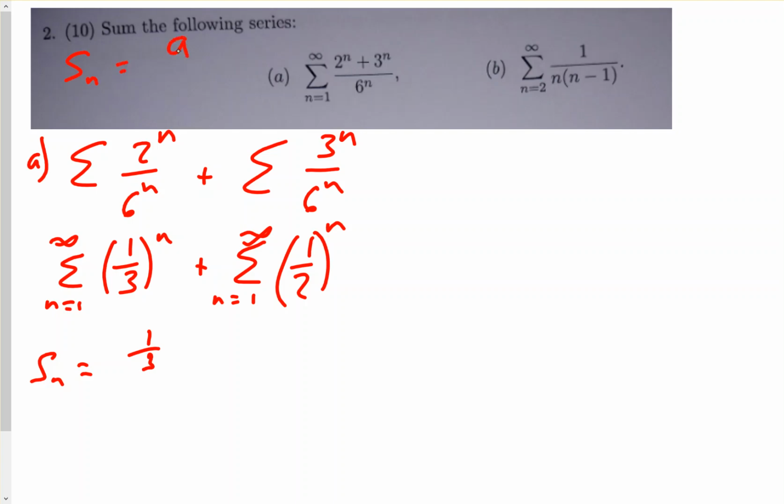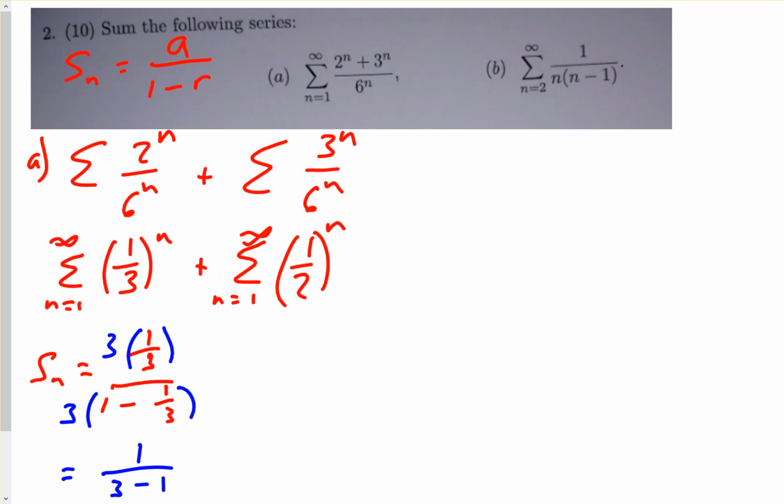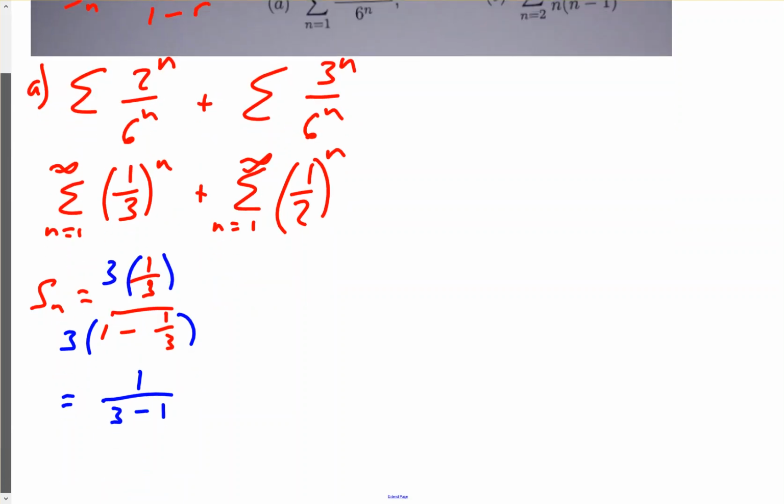We would have a, which is the first term in the series, over 1 minus r, where r is the common ratio. So we have 1/3 over 1 minus 1/3. And if you multiply top and bottom by 3 to get rid of the fractions, we end up with 1 over 3 minus 1, which simplifies to 1/2.